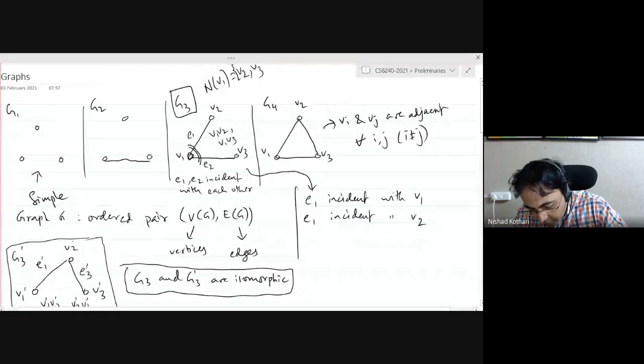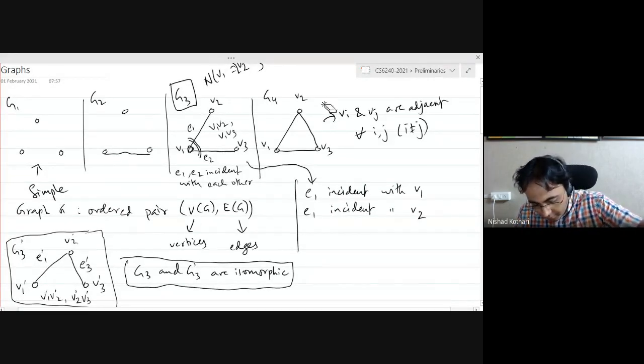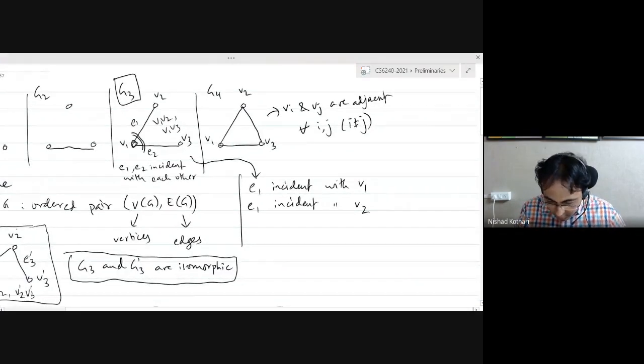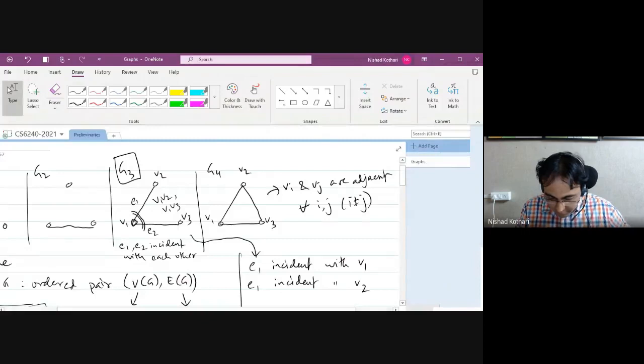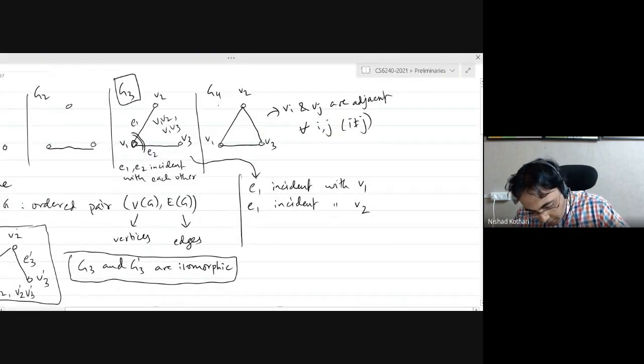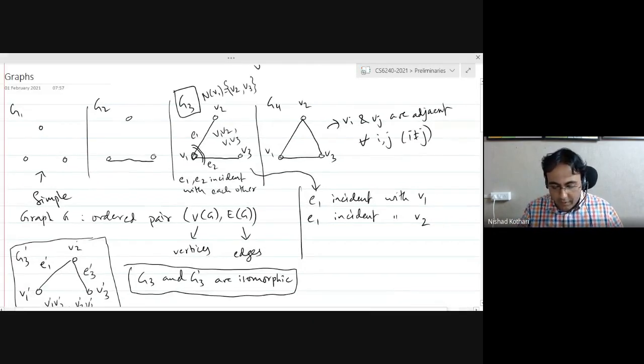It is exactly the vertices to which the vertex is joined. So the neighbors of a vertex are the vertices to which it is joined by an edge, except itself. We will not consider the vertex to be a neighbor of itself.